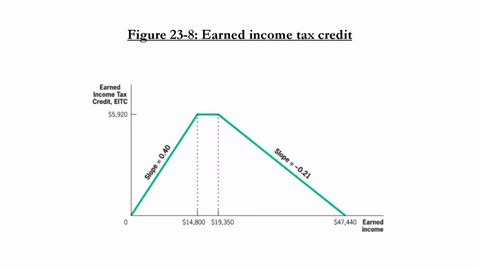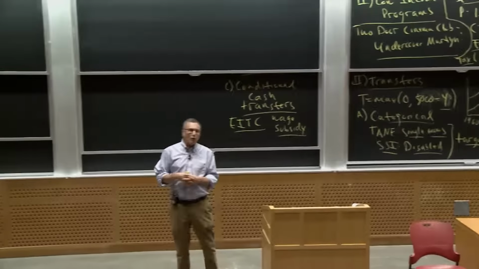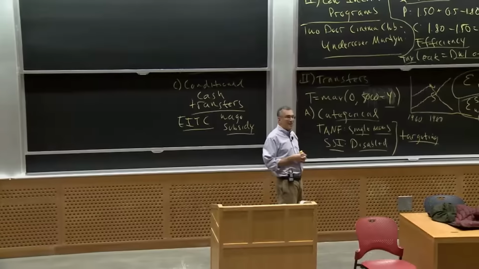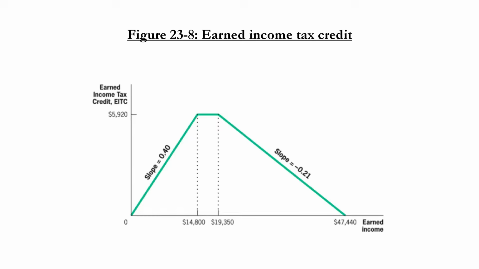What you see is if you earn no money, you get nothing from the government of this program. But as you earn money, until you make $14,800, for every dollar you earn, the government gives you another 40 cents. So the first $15,000 you earn, you get another 40 cents from the government. It's a negative tax. At that point, it caps out. The biggest check you get is $59.20, and then they start to take it away.